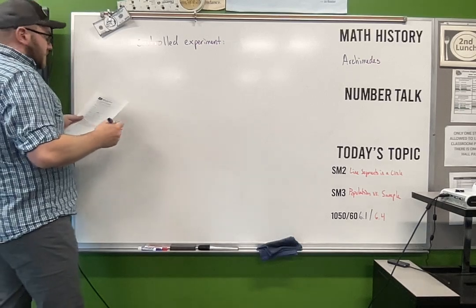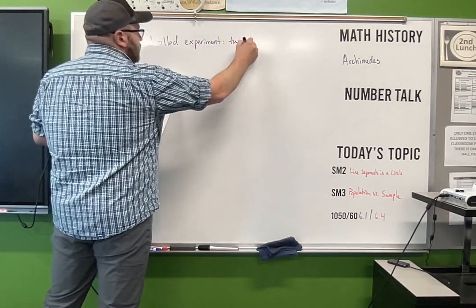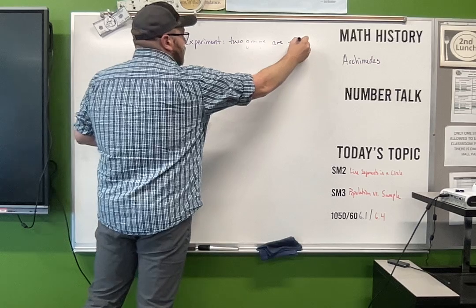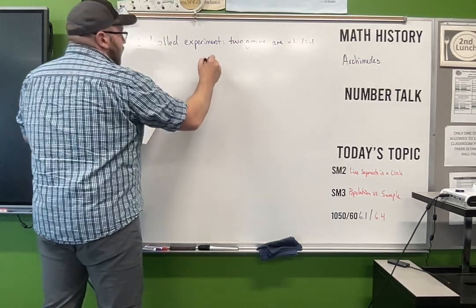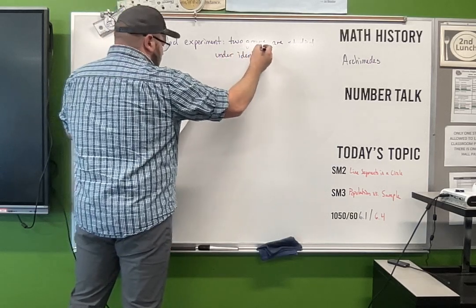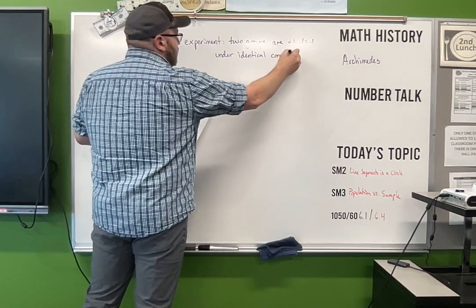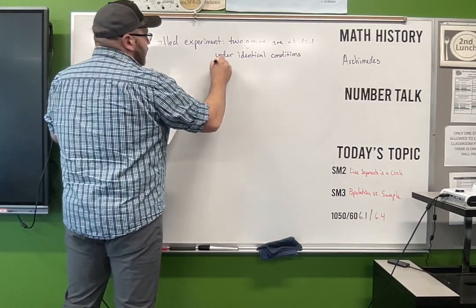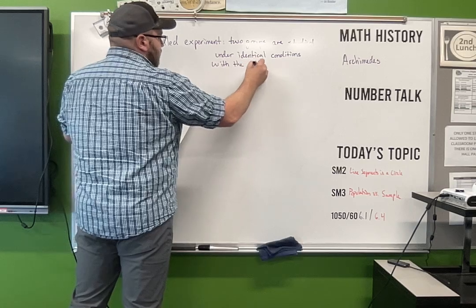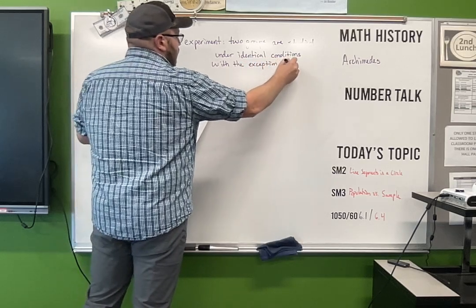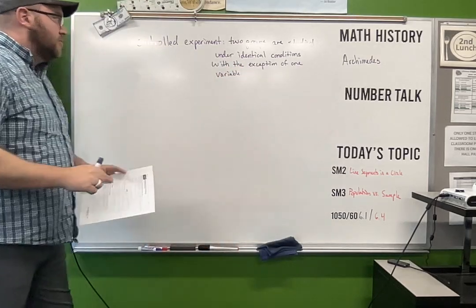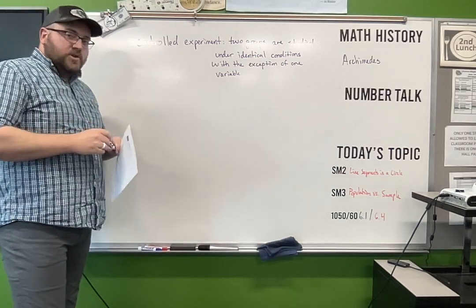So in a controlled experiment, 2 groups are studied under identical conditions with the exception of one variable. Okay, so the reason why it's called a controlled experiment is because you control everything.